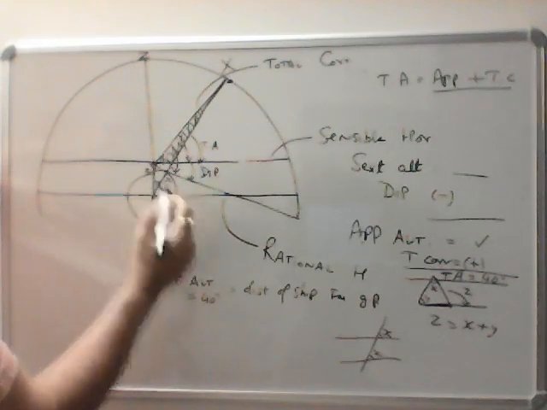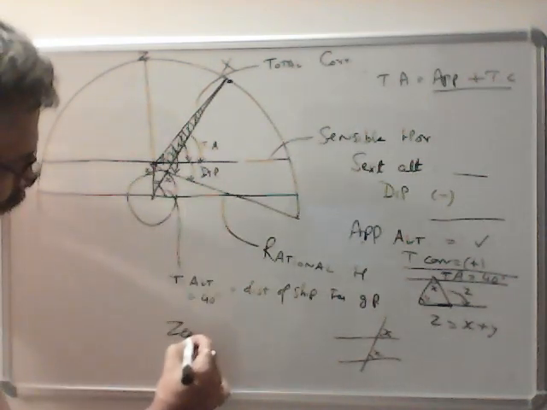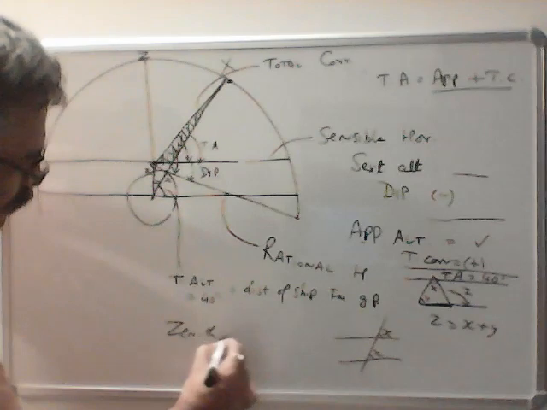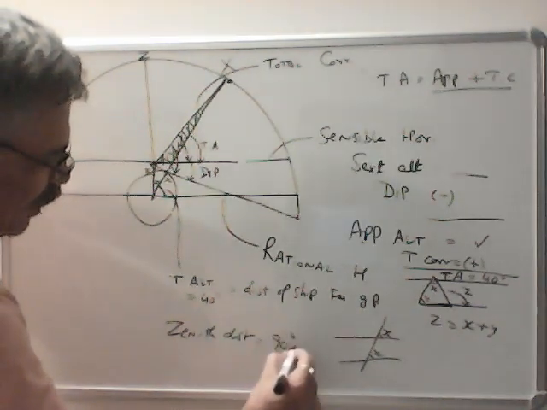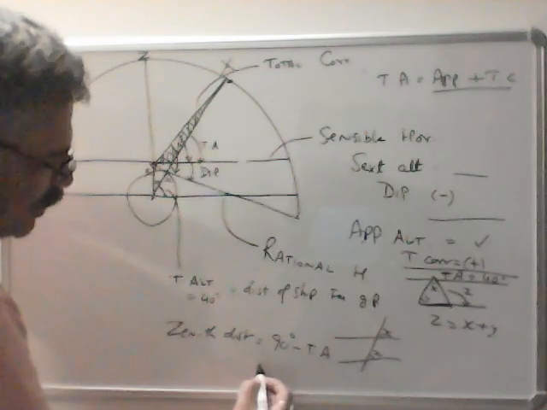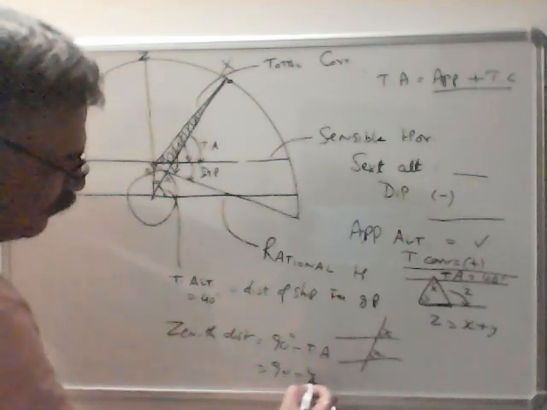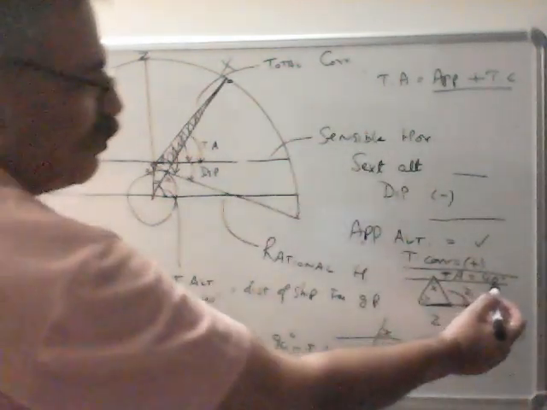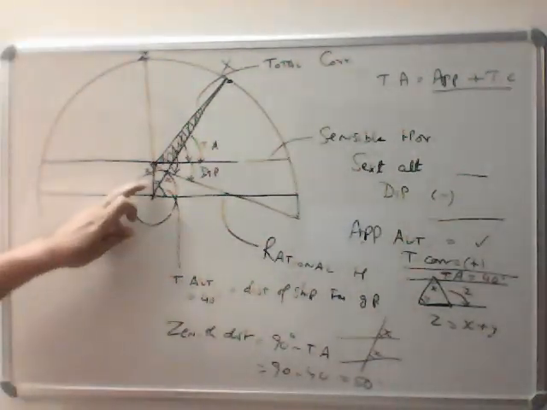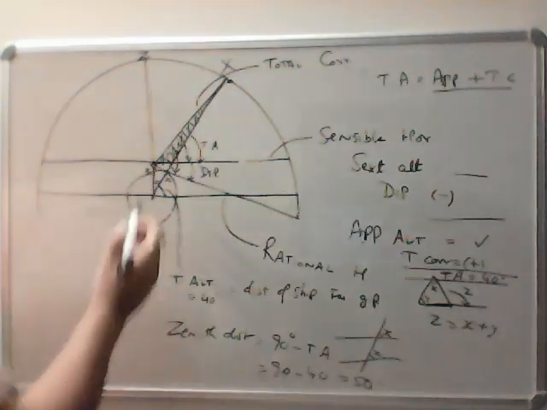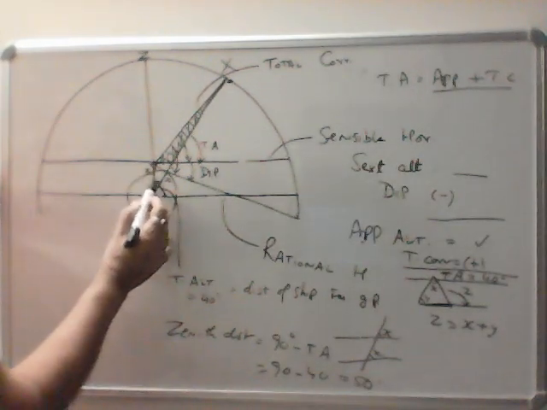So this angle is known as zenith distance, which is always 90 degrees minus true altitude. So in this case, it is 90 minus 40, because we have assumed true altitude 40, which is now 50 degrees. So this angle is 50 degrees. This is 40 and this is 50.